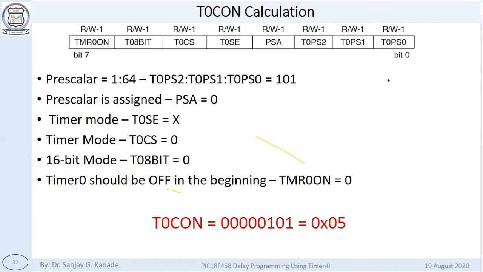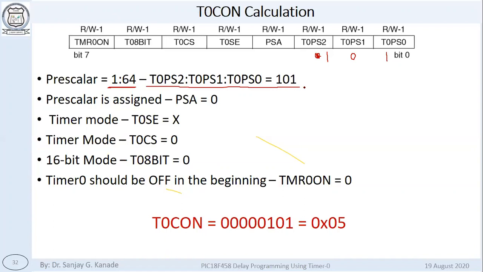The second important calculation is of T0CON, and it is based on the prescaler that we have selected on the last slide. The prescaler we have selected is 1:64. For that, the corresponding values of these 3 bits, T0PS2, T0PS1, T0PS0, are 101.